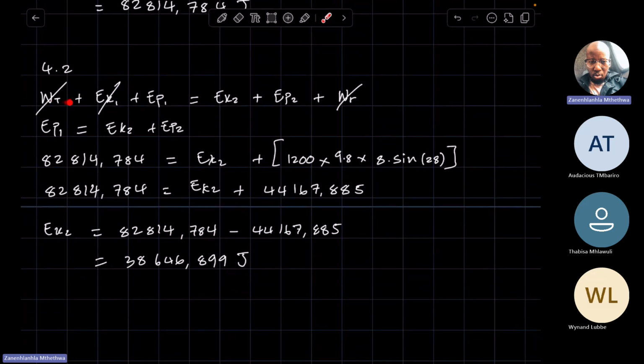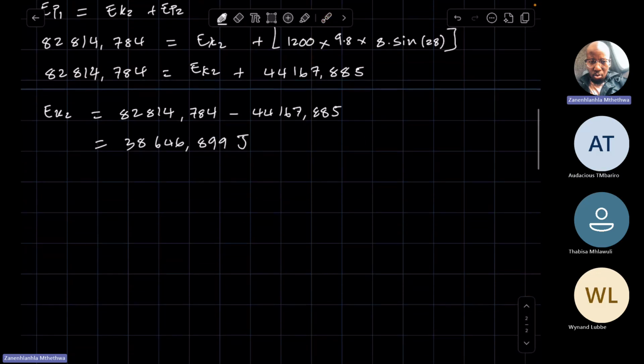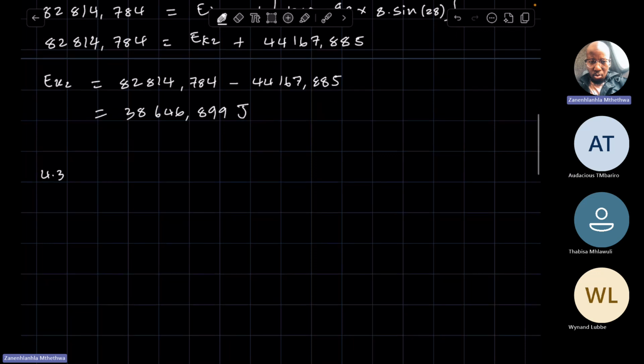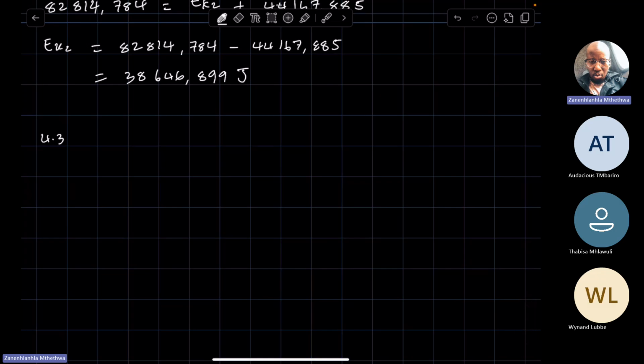Now you can go back to using this. In fact, let's use both. So this is 4.3. Right. WT plus EK1 plus EP1 is equal to EK2 plus EP2 plus work done to overcome frictional resistance.